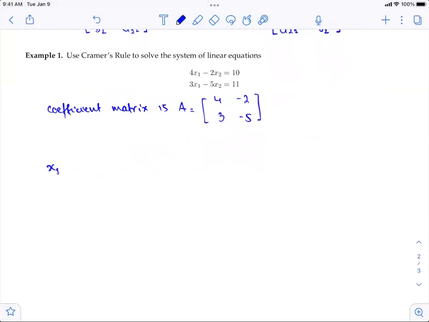So x1 is equal to the determinant of A1 divided by the determinant of A. Let me be careful here. For A1, in the coefficient matrix, you remove the first column and replace it with the entries from the right-hand side.